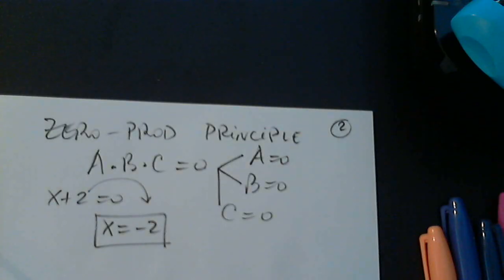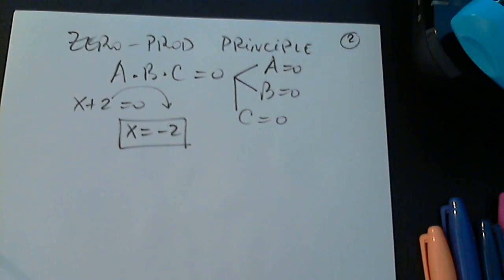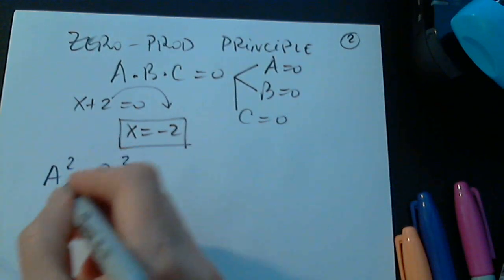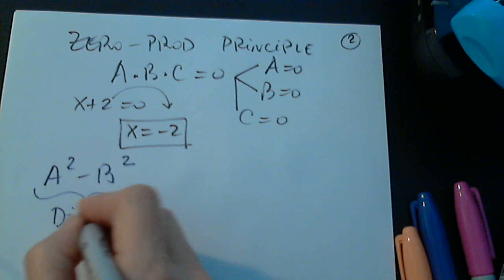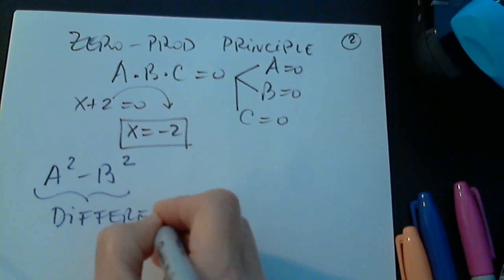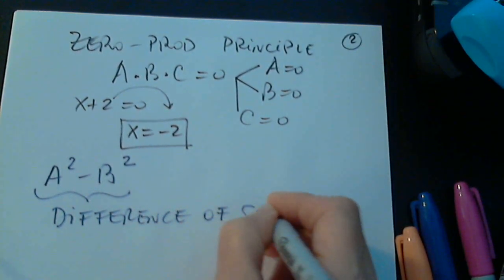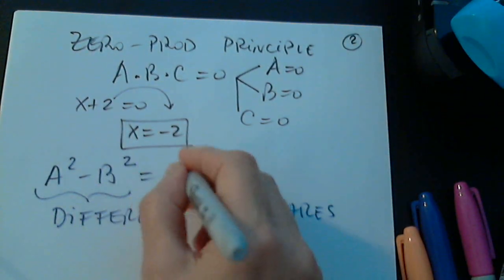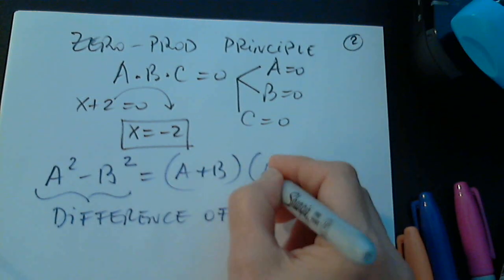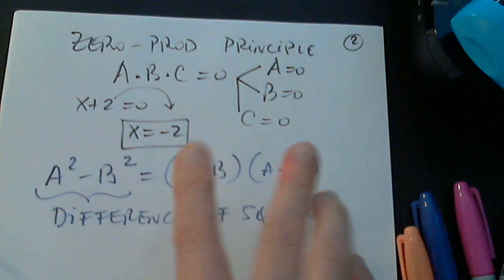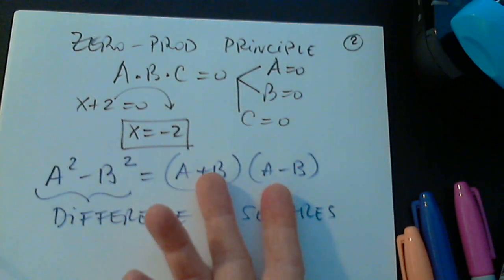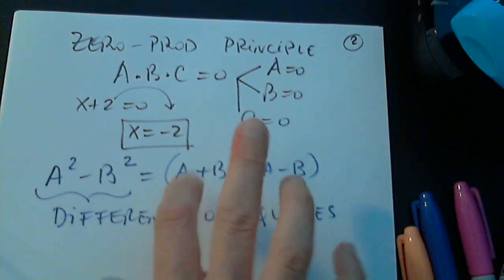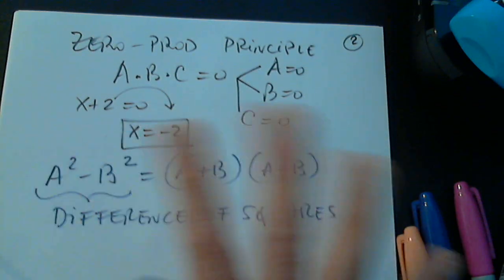So we do have a special product that is called a squared minus b squared, which is the difference of squares. And this factors into a plus b times a minus b.